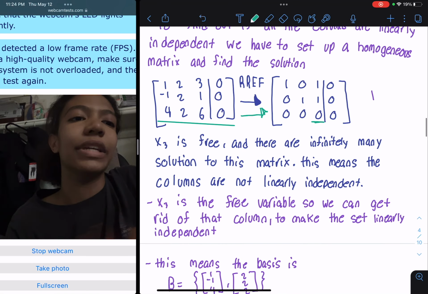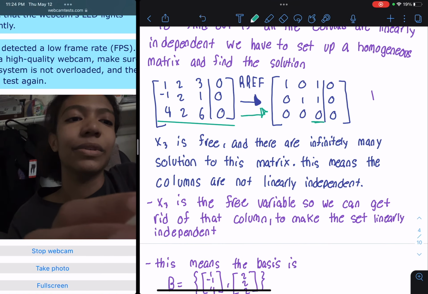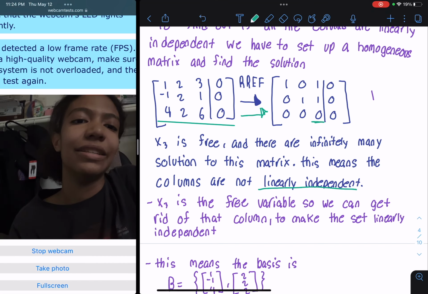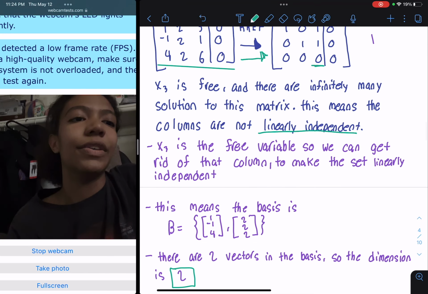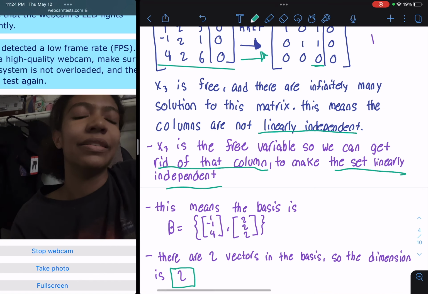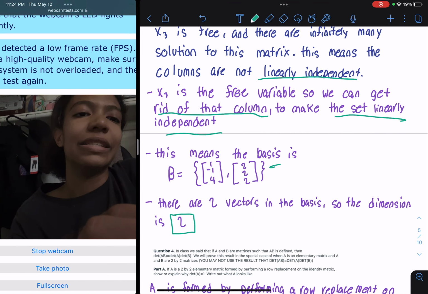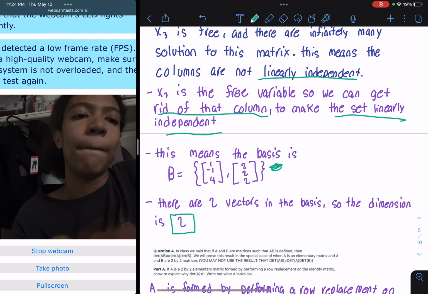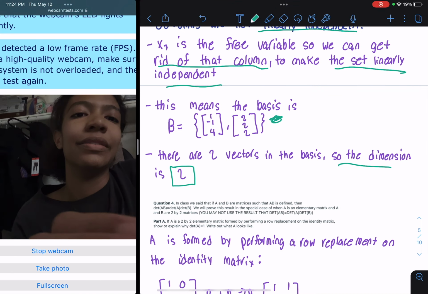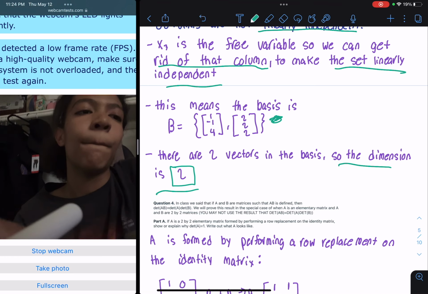And x3 is the free variable, and that means there are multiple solutions, so it's not linearly independent. So you can just get rid of column 3 to make the set linearly independent. And this means the basis has 2 vectors in it. So the dimension is 2.